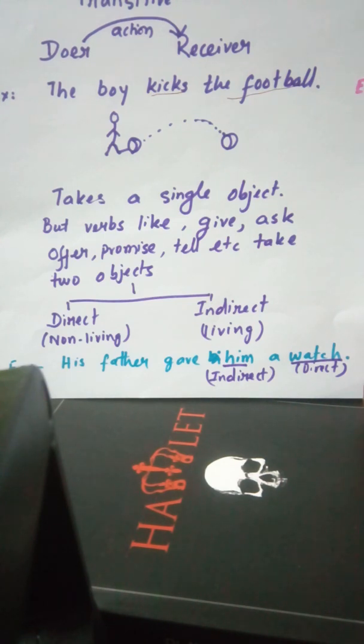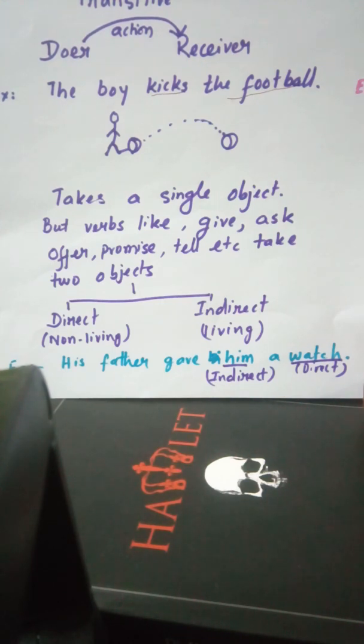To break it down in even simpler words, whichever object in the sentence is a non-living thing is generally the direct object, and the object which is a living thing is generally an indirect object. So that is even simpler to find out. Take an example, like mostly I give this example in class.